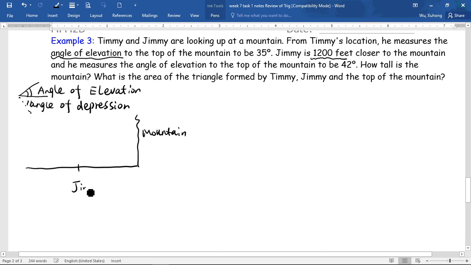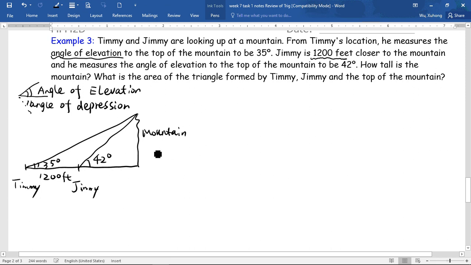Jamie is closer and Tammy is far away. They are 1,200 feet apart. And he measures the angle of elevation from the horizontal up as 42 degrees. So this one is 35 degrees.